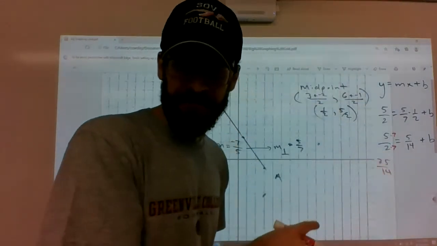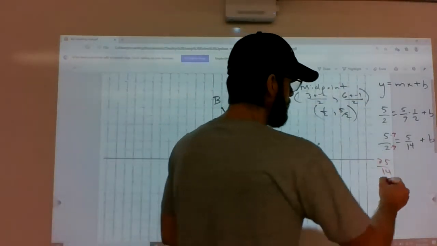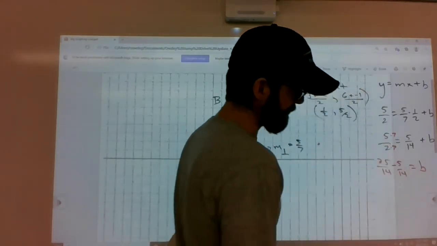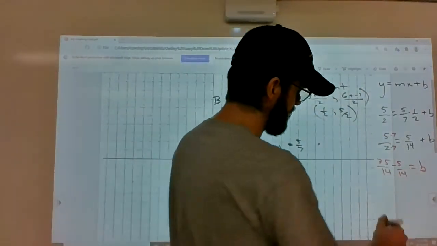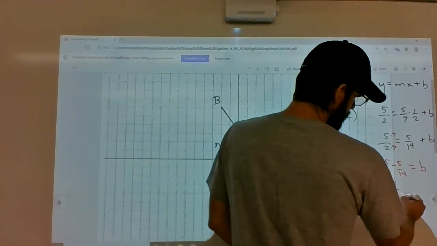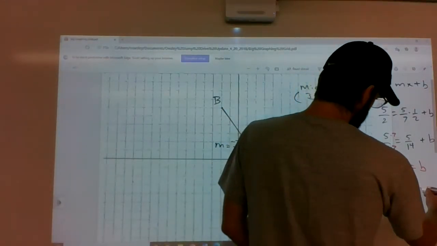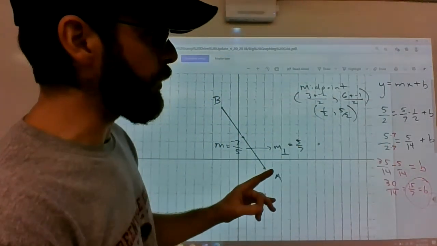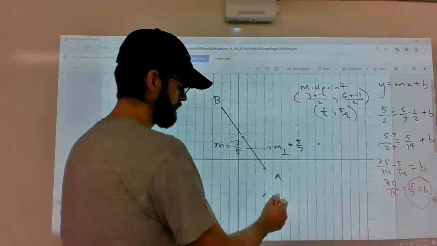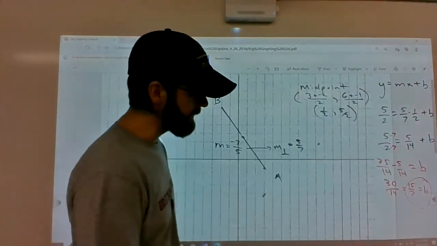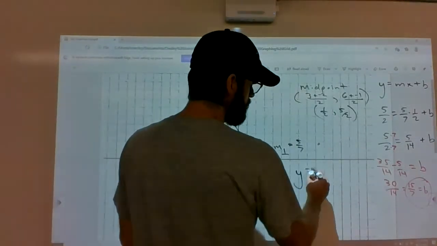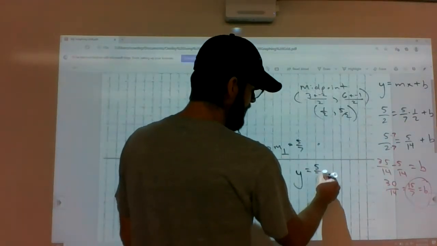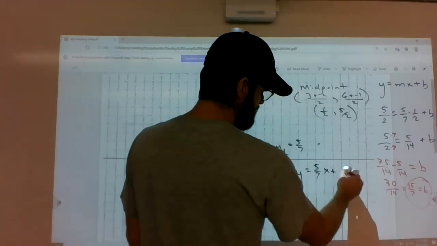And then we got to subtract 5/14 from both sides, and that's what our B value will be. So it's 30/14, which is 15/7. Final answer, y is equal to 5/7 for my m, x plus 15/7 for my b.